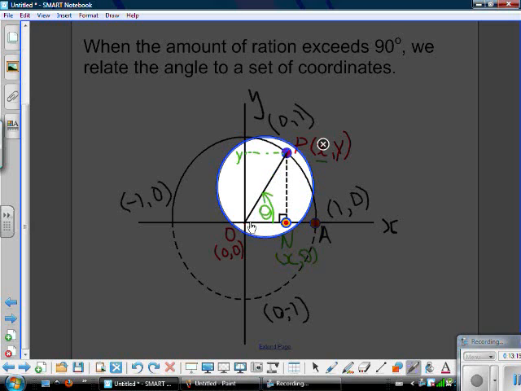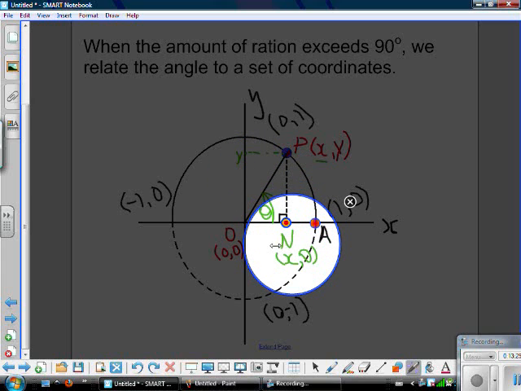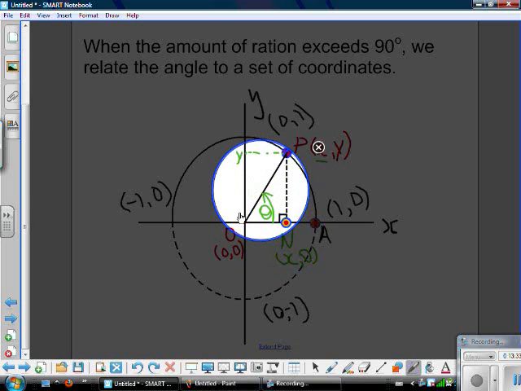So therefore I know that length is 1. I also know the length from the origin to point N is an x value, the same x value as P. And opposite the angle, this dotted line, this perpendicular, has a height of y. Because remember, we go over x units, up y units.